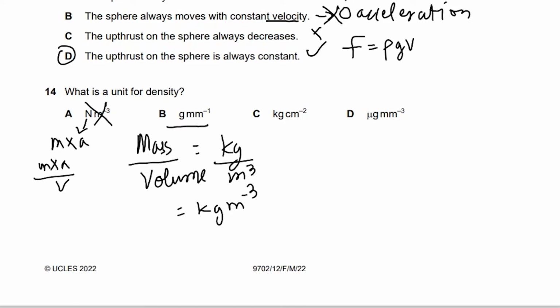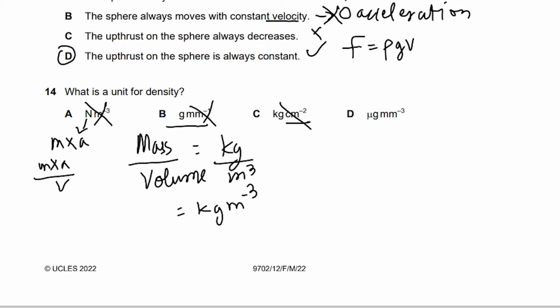B, gram per millimeter raised to the power minus 1. This can't be the answer. C is kg per centimeter square. This can't be the option because the SI unit for mass is correct, but this is the unit for area. This is not a unit for volume.